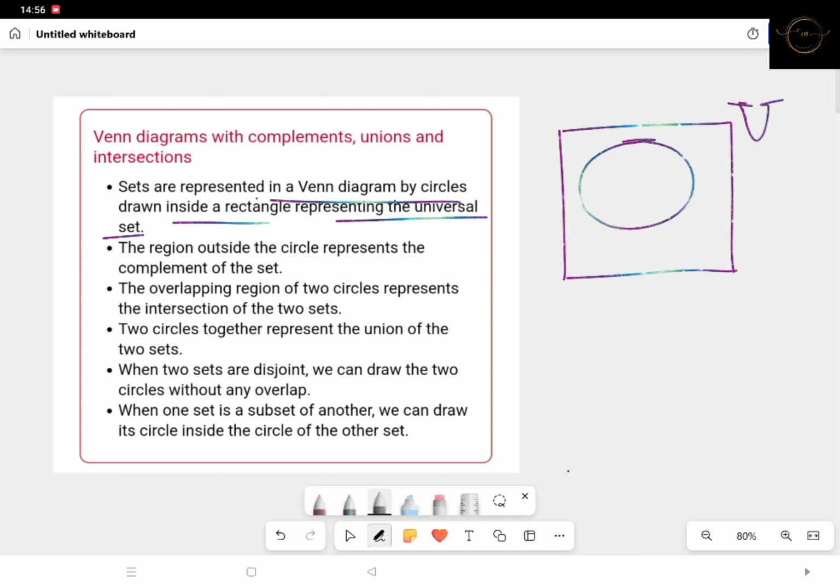Inside the circle, it represents the respective set. The region outside the circle represents the complement. That means this part which is leaving the circle, this part is actually the complement of the circle.